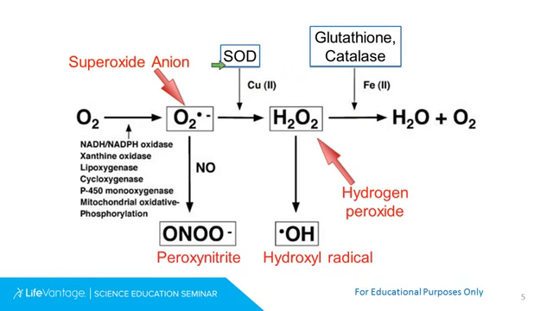And so if you're deficient in these things, then these free radicals have more of an ability to build up and cause damage in your system. But if your SOD, glutathione, and catalase are up to the levels that they should be, you should catalyze this reaction all the way to water and oxygen with minimal, if any, production of these free radicals that cause the damage.